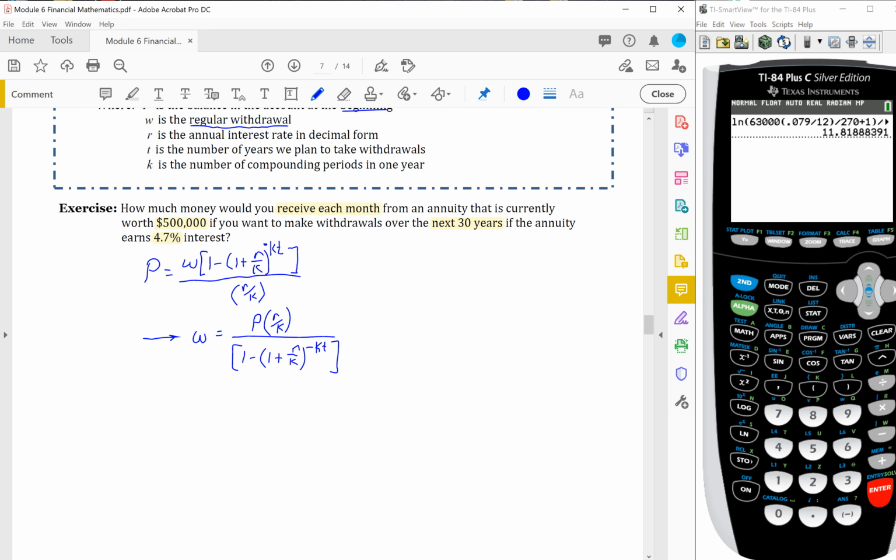Now let's plug all of the values in that we have.